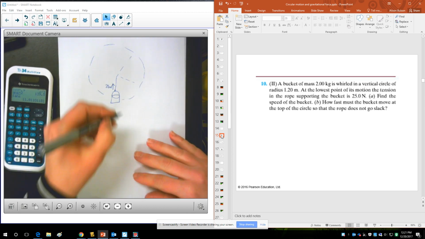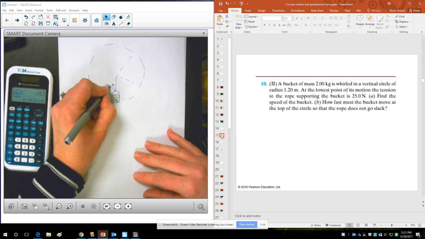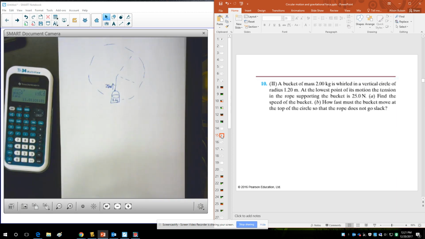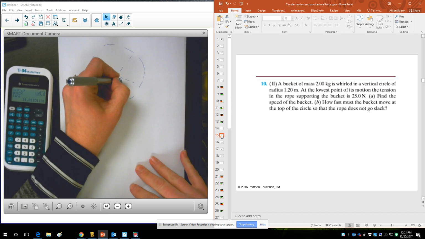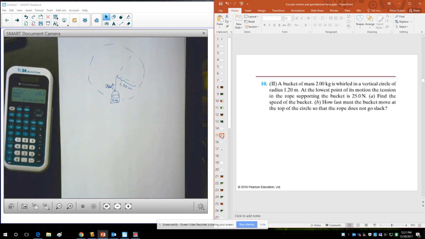The bucket has a mass of 2 kilograms, the radius of the string is 1.20 meters. We're supposed to find the speed of the bucket at this low point, and then how fast must the bucket move at the top of the circle so that the rope does not go slack.